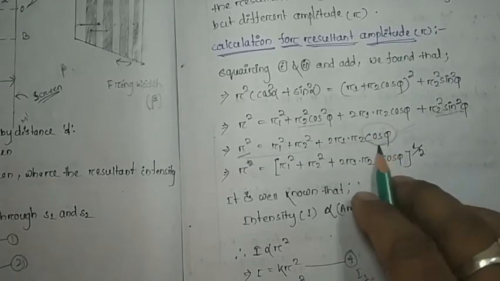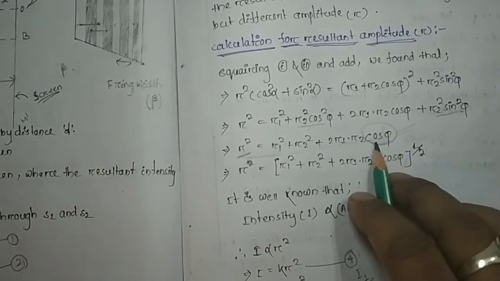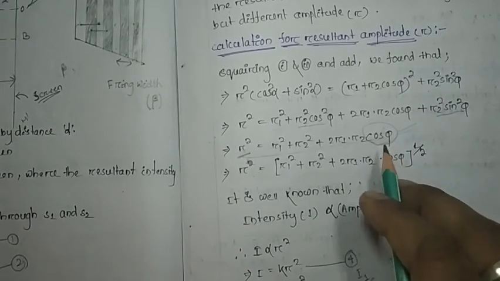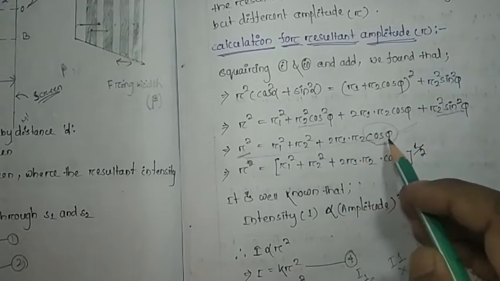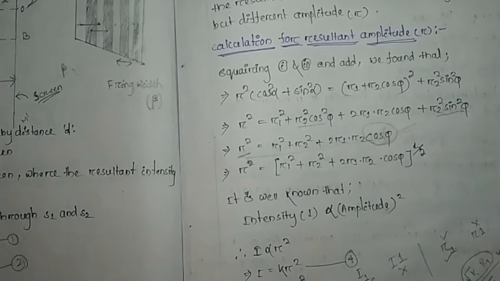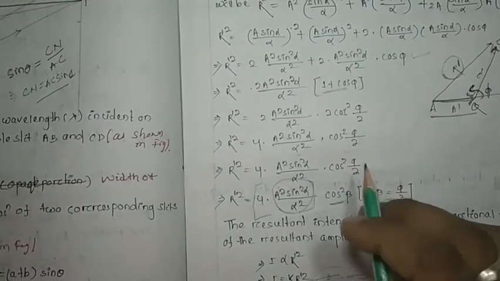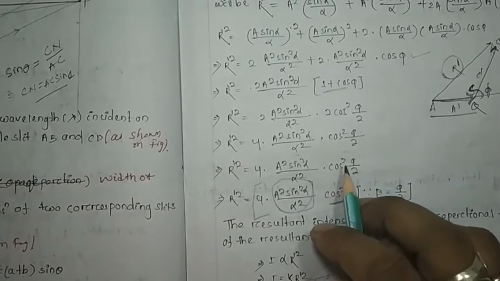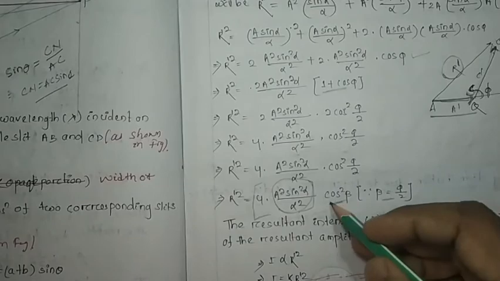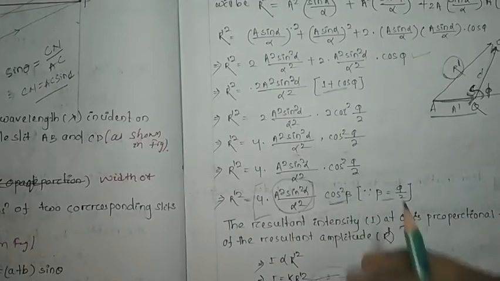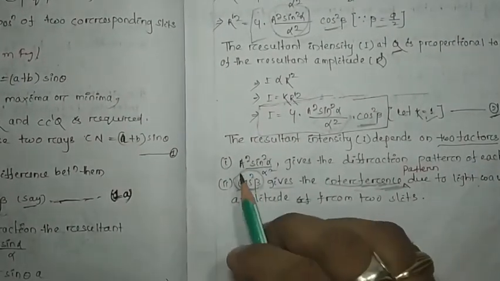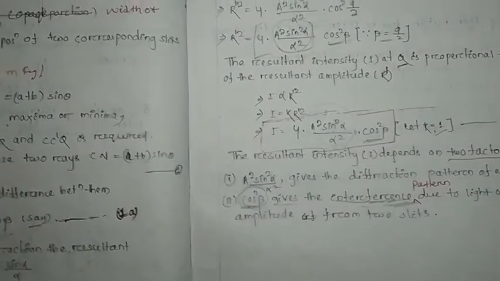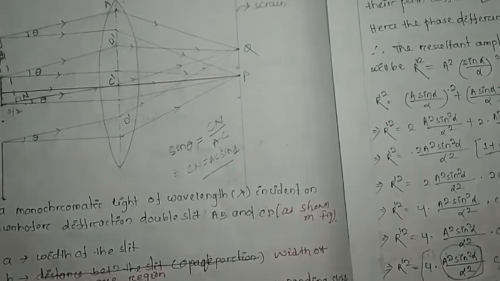We found cos phi, which indicates that it helps to determine the interference pattern with the phase difference. Likewise, here also we found approximately the same, that is cos square phi by 2, which is later considered as cos square beta. So here two things have to be considered to find the interference pattern of the double slit experiment.